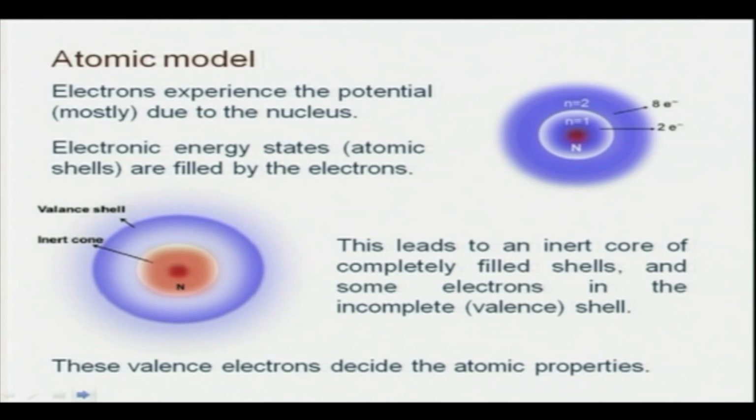The chemical properties of the atom are by and large dictated by the valence electrons, the electrons in the valence shell. So, the electrons in the core do not really bother about chemical interactions or chemical reactions. That is a kind of atomic picture.